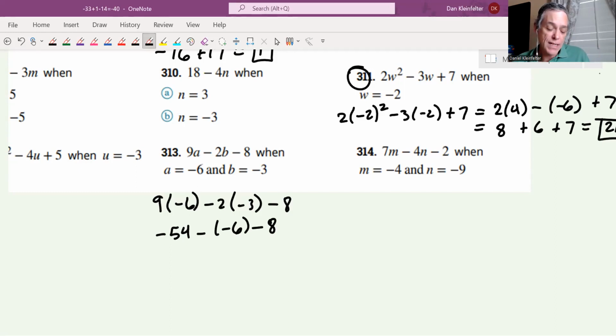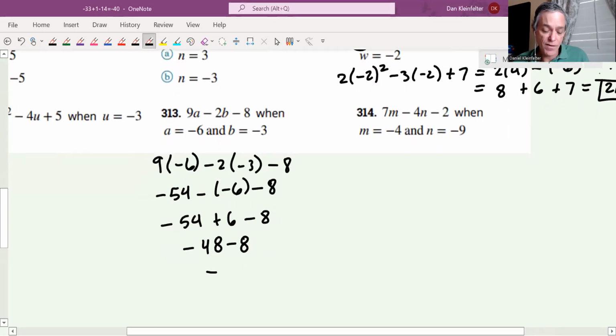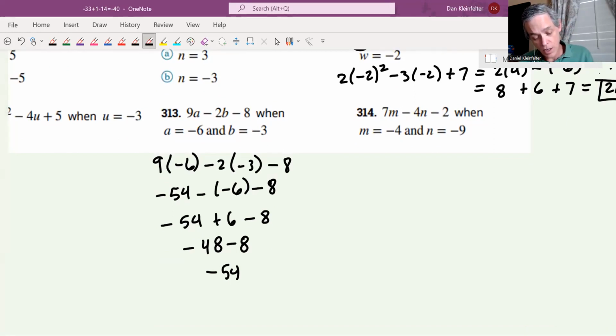Negative 54 minus negative 6 is the same as negative 54 plus positive 6. Negative 54 plus 6 is negative 48. Negative 48 minus 8 is negative 54. And no, negative 56. Sorry about that. Okay.